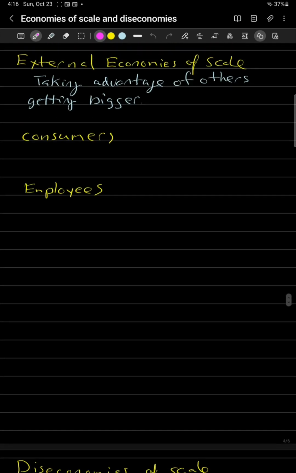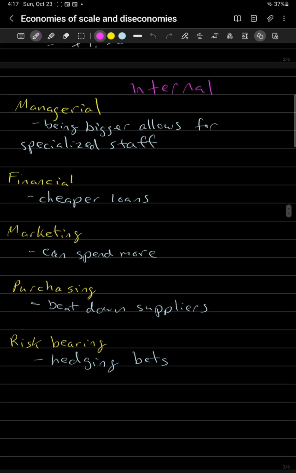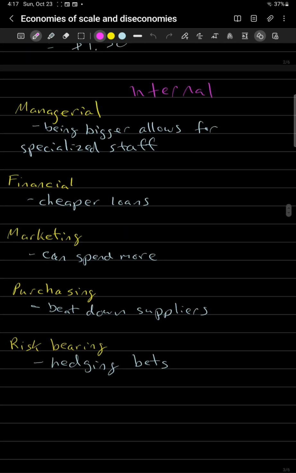And by the way, this kind of goes for everything we talked about before. For example, there's also diseconomy of scales for managerial, financial, marketing, and purchasing as well, and risk bearing. It kind of depends, because getting bigger is not always better. For example, managerial. Well, if you have an expert in buying apples for your bakery, he or she is probably not an expert in anything else.